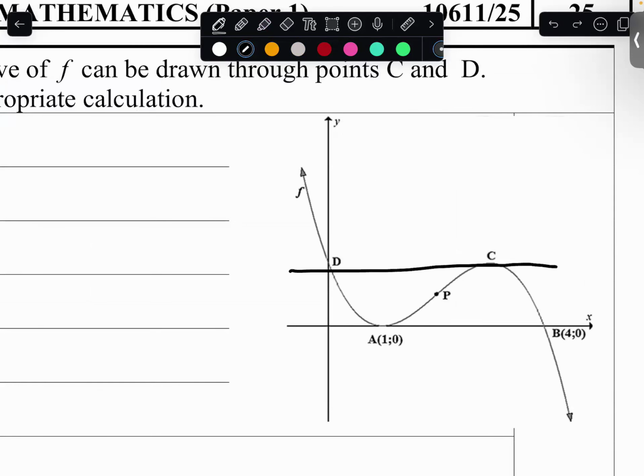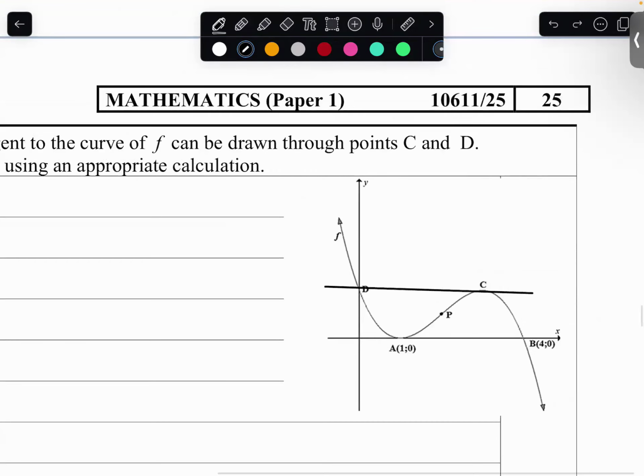I'm going to assume they're talking about this one. But it's not clear because there could have been a tangent at D also, however it could be drawn. But I'm going to assume that they're talking about this one.